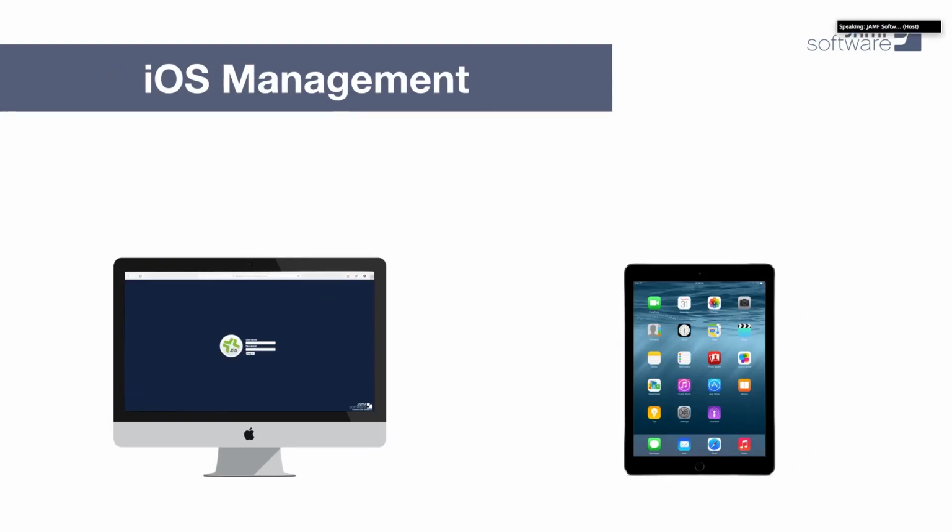Whenever you start sending commands to an iPad or an iPhone, the JSS talks to something called the Apple Push Notification Server, or APNS for short. I want to highlight this because this is really how the framework of Apple management works. I'm going to highlight iOS first and then move on to Mac. It always starts with enrollment.